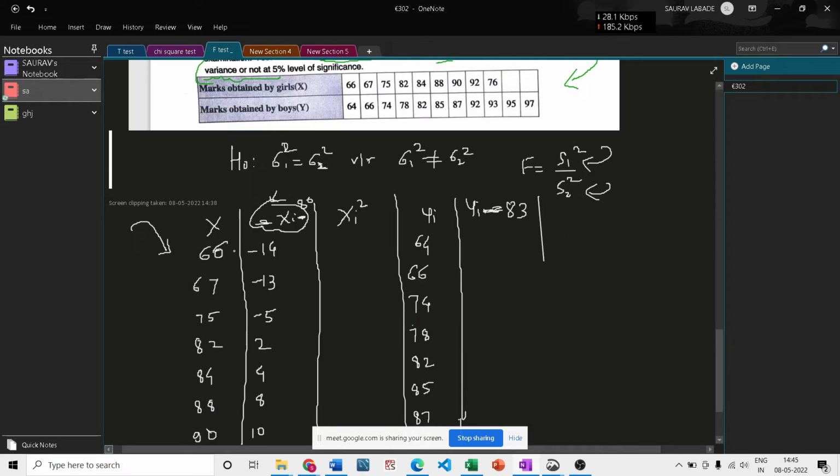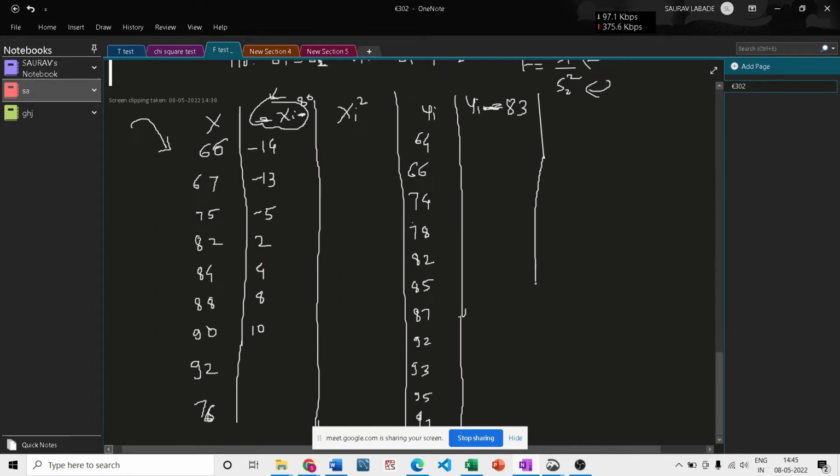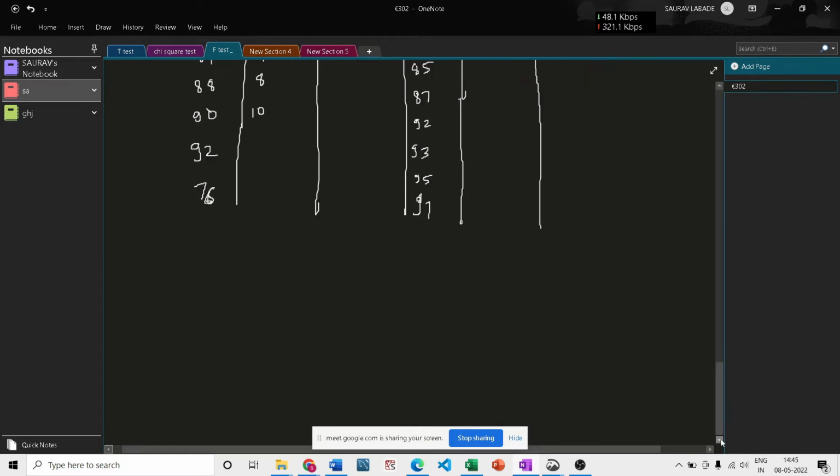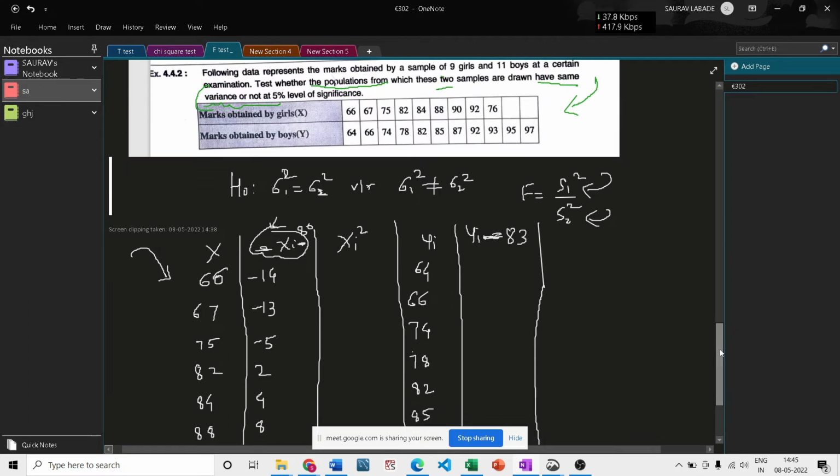If you do the square of these values directly, it becomes a very large number, so for making the calculation simple I am just subtracting the value. And I am finding y square here also.